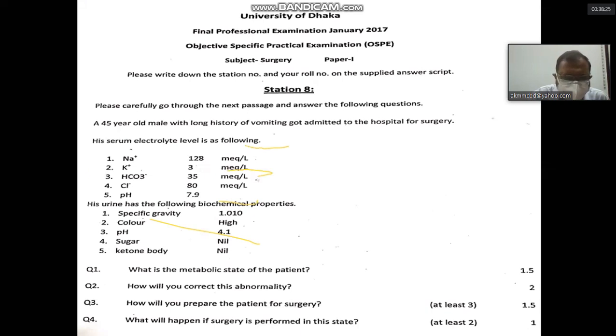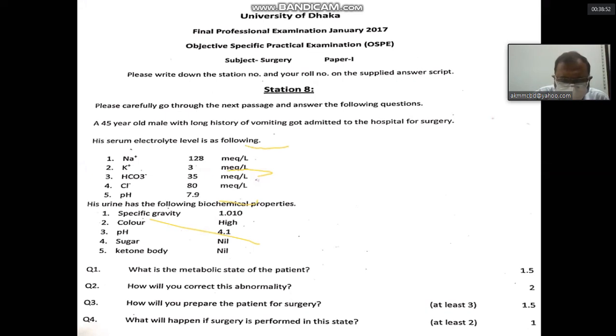The question is, a 45-year-old male with long history of vomiting got admitted to the hospital for surgery. See the age of the patient.